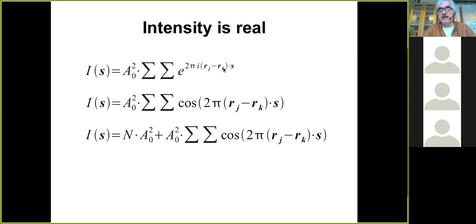But since j and k are indices that each run from 1 to the number of objects, there will always be a distance between atom j and atom k, and also a distance between atom k and atom j, which is exactly the same but with opposite sign. This means that all of the imaginary terms, the sine terms, cancel from this double sum. So what we are left with is only the real part of the Euler formula, the cosine terms.